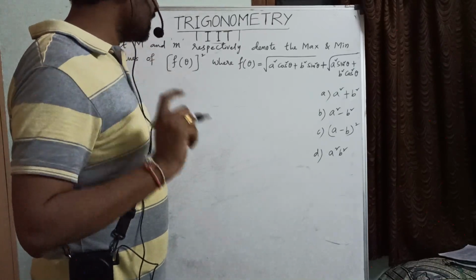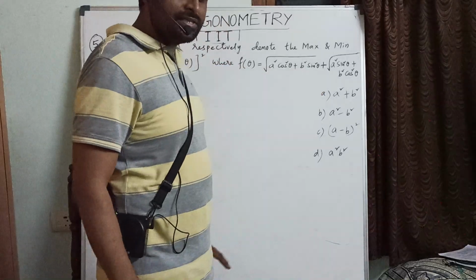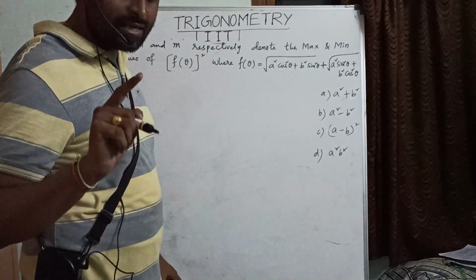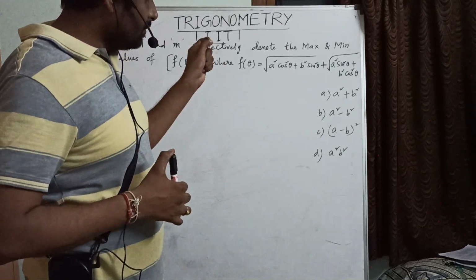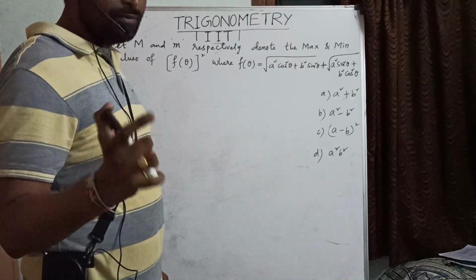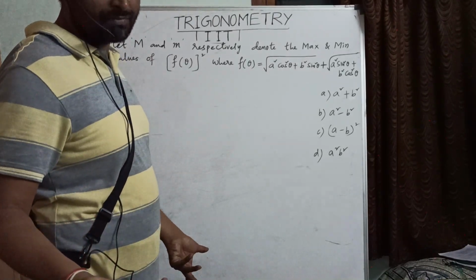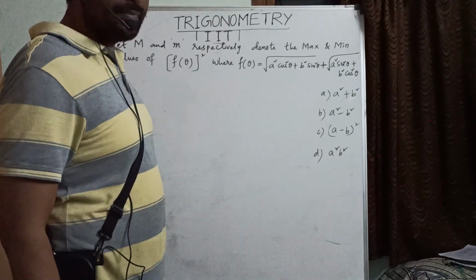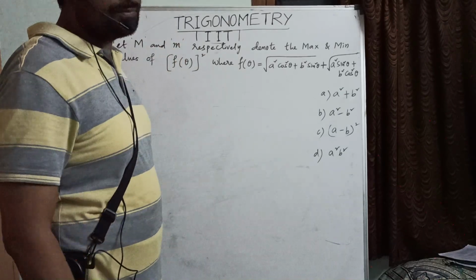But sin square theta is 1 by 2 whole square, 1 by 2. So always remember, every expression which contains sin square term and cos square term has maximum value at sin square theta equals 1 by 2, cos square theta equals 1 by 2, because sin theta equals 1 by root 2. There only the expression gives maximum value. And when you go to minimum value, either of them is 0.